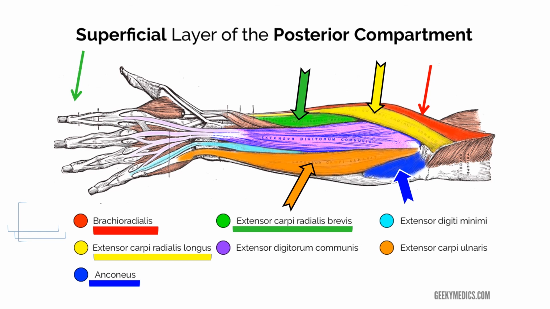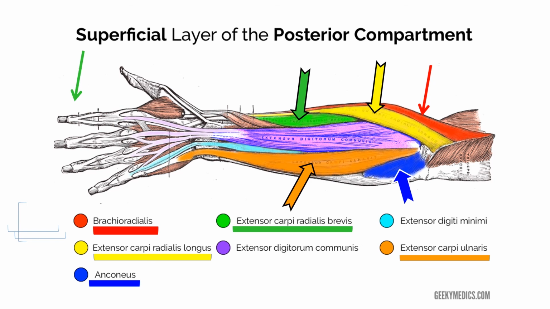It extends from the anconeus on the medial side to the little finger, and this is on the ulnar side of the two bones of the forearm, and this is extensor carpi ulnaris.